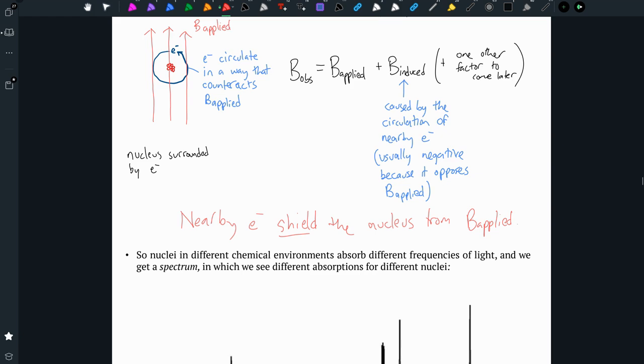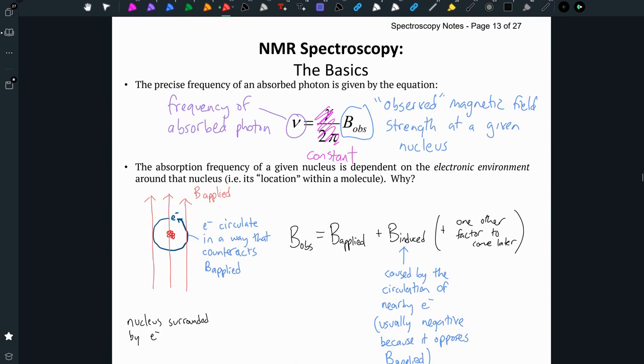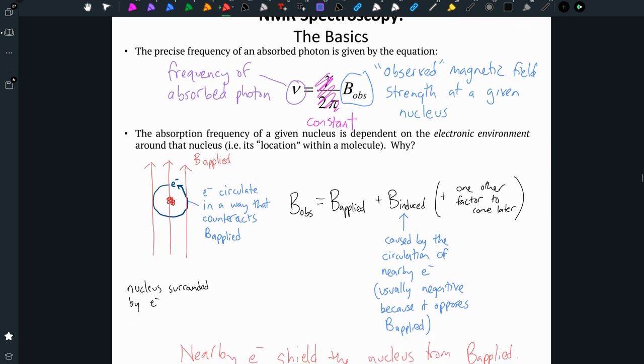So if we go back to the frequency of absorbed photons, that's going to depend on the electronic environment near a nucleus. So those frequencies are going to give us information about the electron density nearby an atom. That is huge because that tells us a lot about the structure of the molecule.